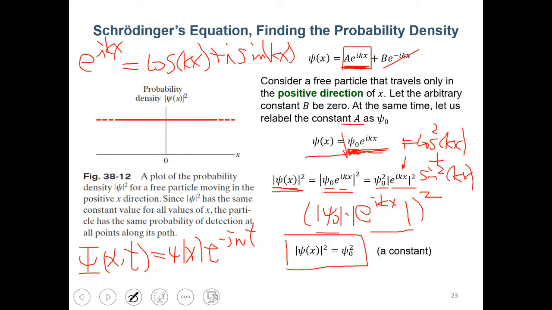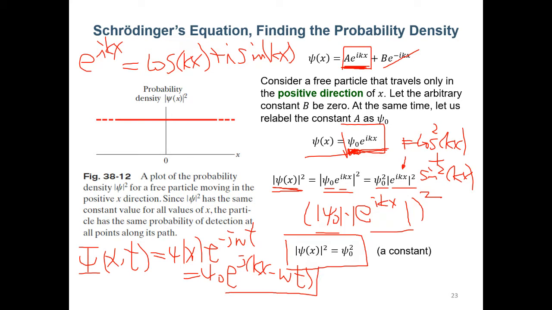So here we have phi(x) like this, so it will look like exponential to j(kx minus omega t). So if you still remember in chapter 33, the EM wave, when we solved the wave equation, actually this one is the solution for the wave equation, and at that time we called it the plane wave, 平面波.